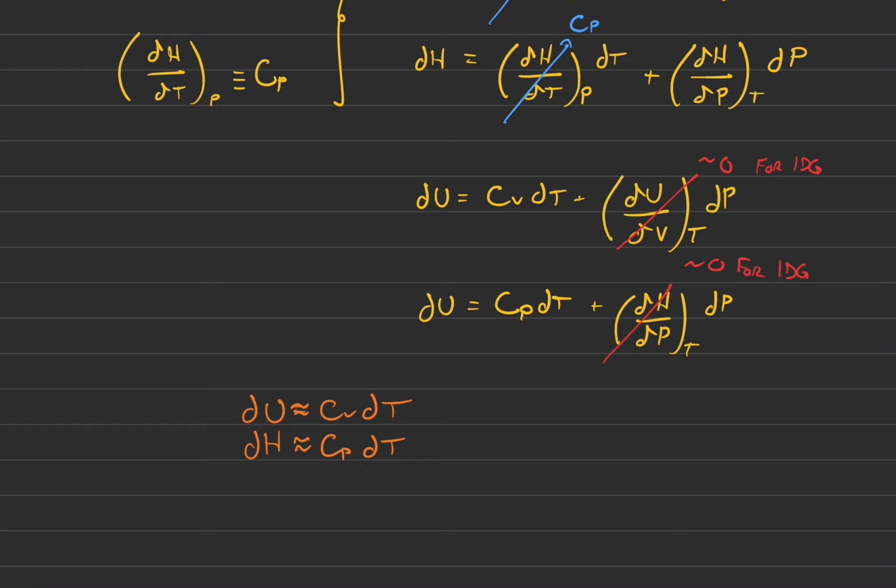then as long as we know how Cv or Cp changes with respect to temperature, we can take these integrals and calculate the actual change in internal energy and the actual change in enthalpy. And this will tell us, depending on the situation, how much energy had to be added to the system.